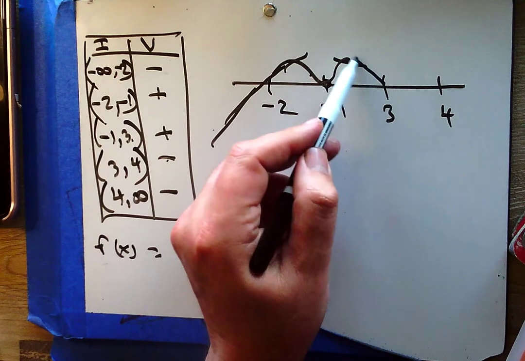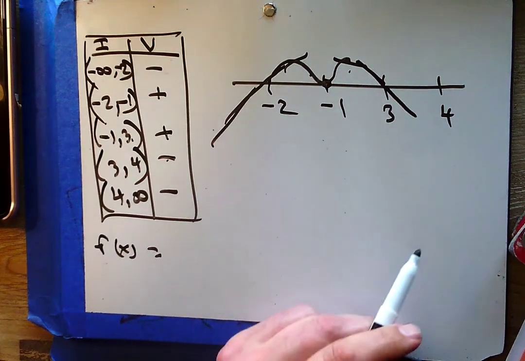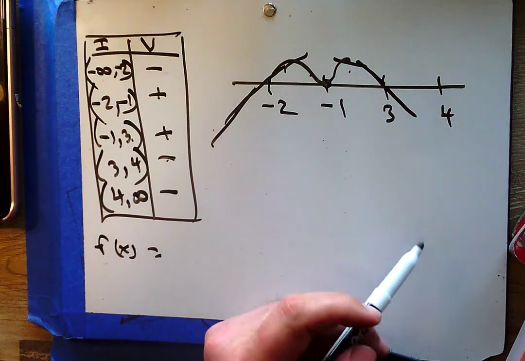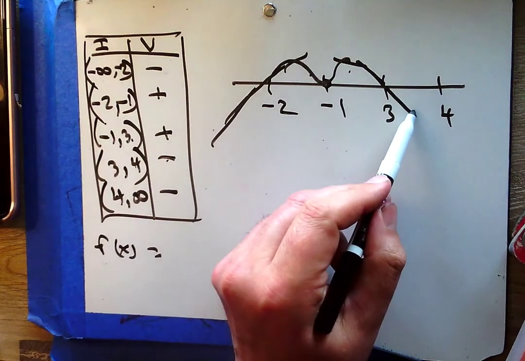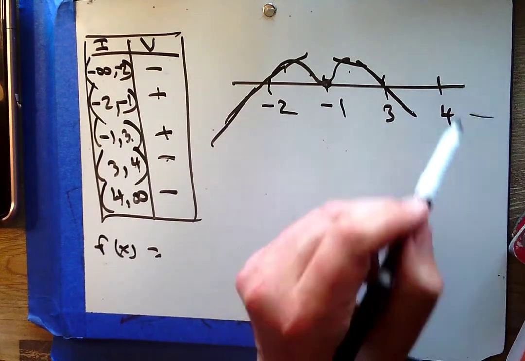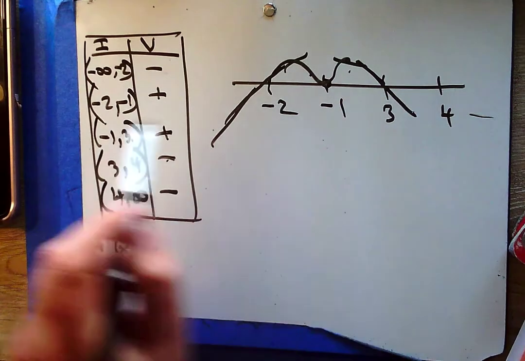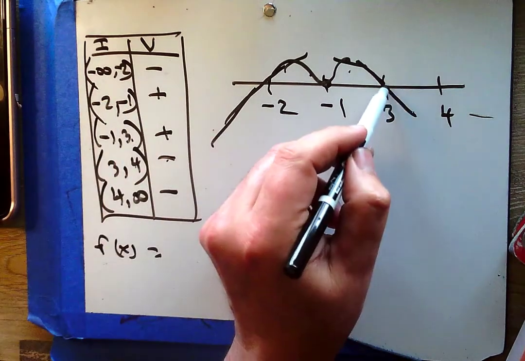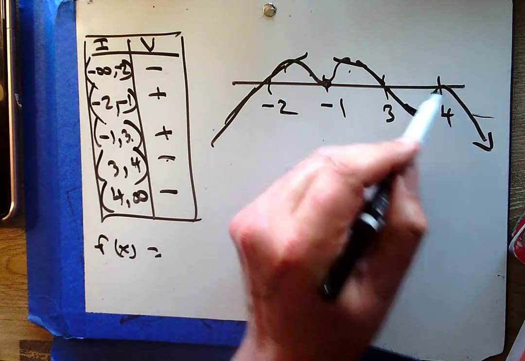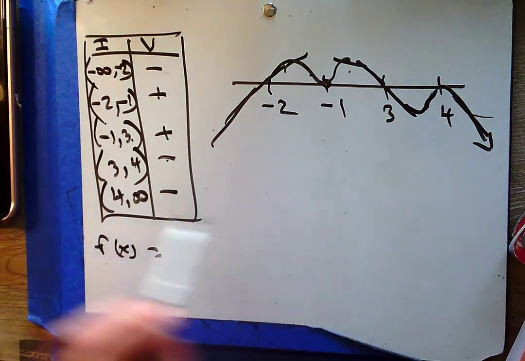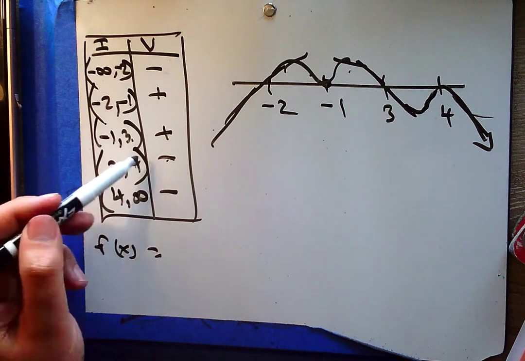All right, what about as we go from positive to negative? At 3, we go from positive values to negative values. Okay? And then at 4, my function values go from negative to negative again. And I think that's the same thing that we saw here at negative 1. Bounce as I go from negative to negative. Notice how 4 is not included.